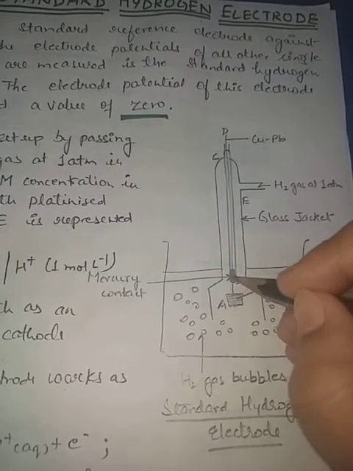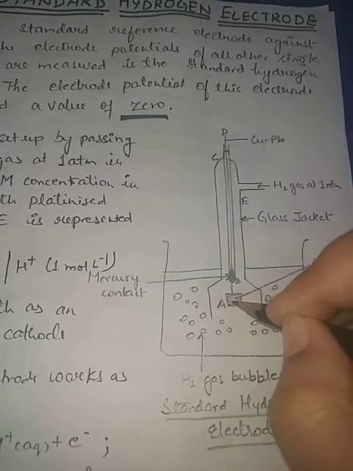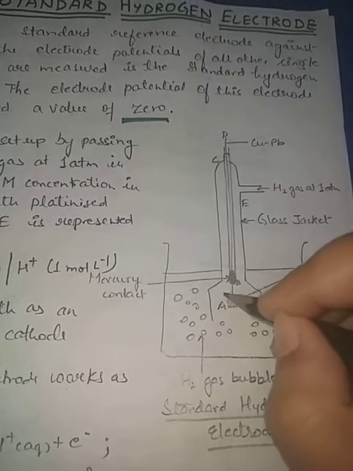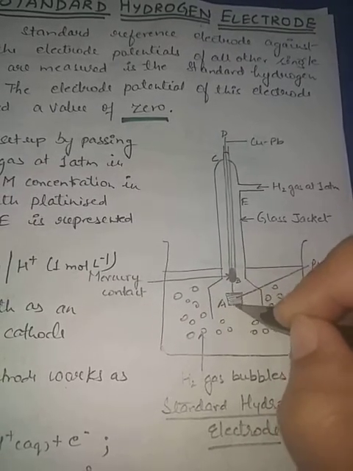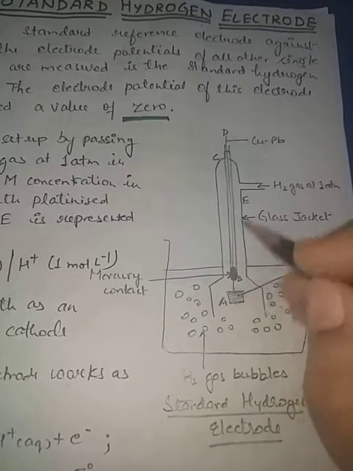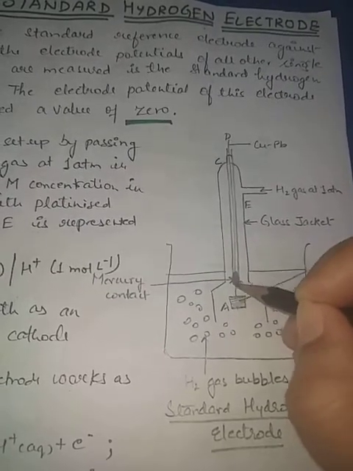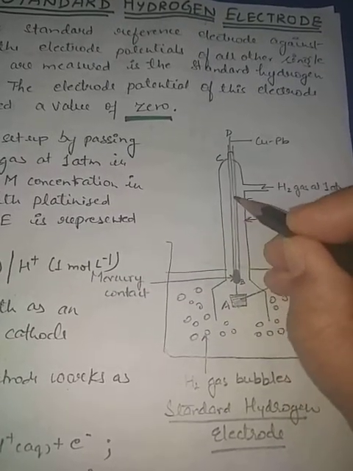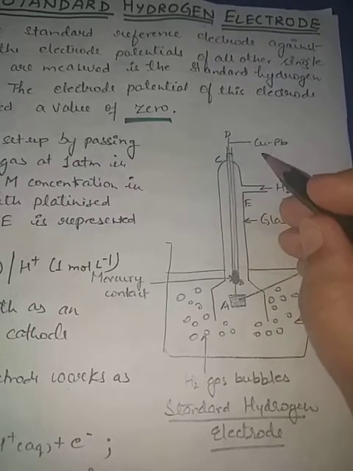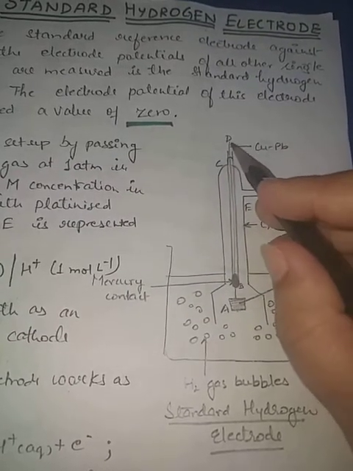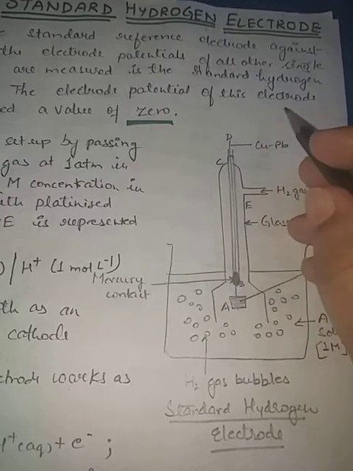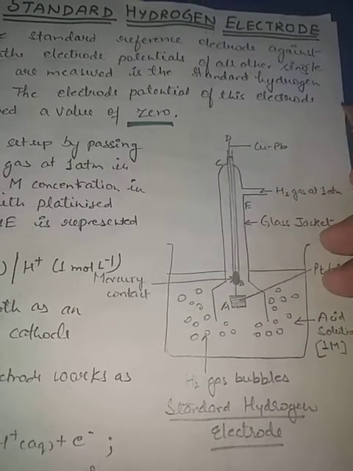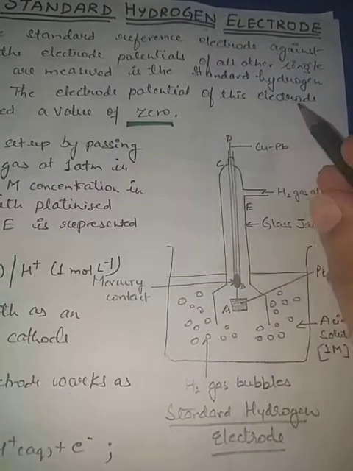This is mercury. This is a platinum block, and it has black platinum outside it, which will absorb the excess hydrogen if it comes. And this is the wire inside, made of copper and lead, and it is used for connecting to the ammeter or the voltmeter.